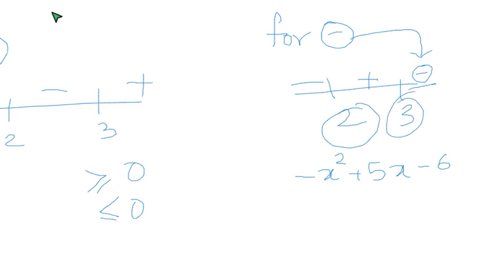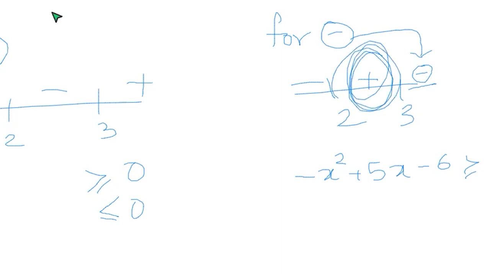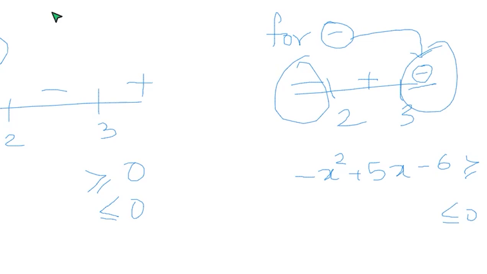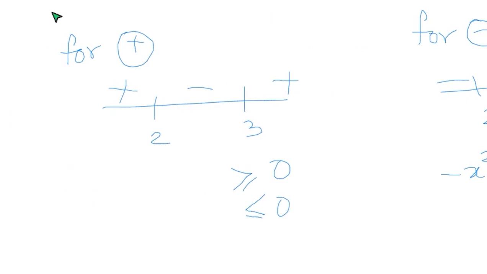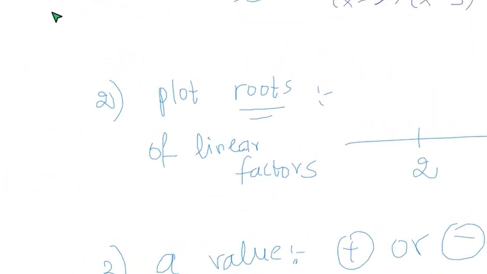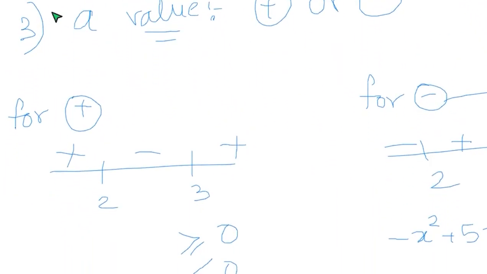So greater than or equal to 0 means this range we have to consider. Less than or equal to means this range and this range. And that's it.